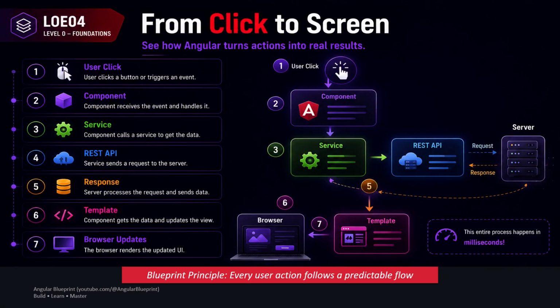So let's imagine a simple example. We are browsing an online store and we click on a button called load products. So here is what happens. The component notices the user click. It asks the service to fetch the products. The service sends a request to the backend API. The server processes the request and sends the data back.